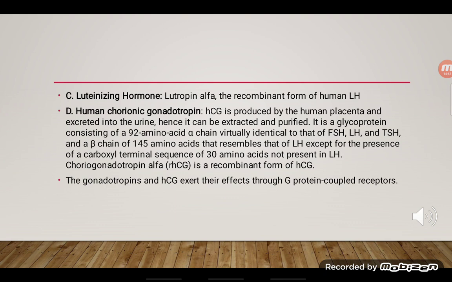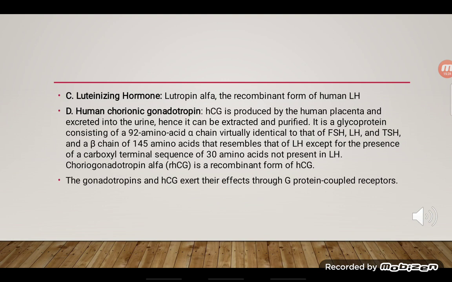I don't think I'm going to ask you about the structure of this hormone, but basically it's a glycoprotein formed of a 92 amino acid alpha chain and a 145 amino acid beta chain, and there is a recombinant form of this hormone as well, which is called choriogonadotropin alpha.